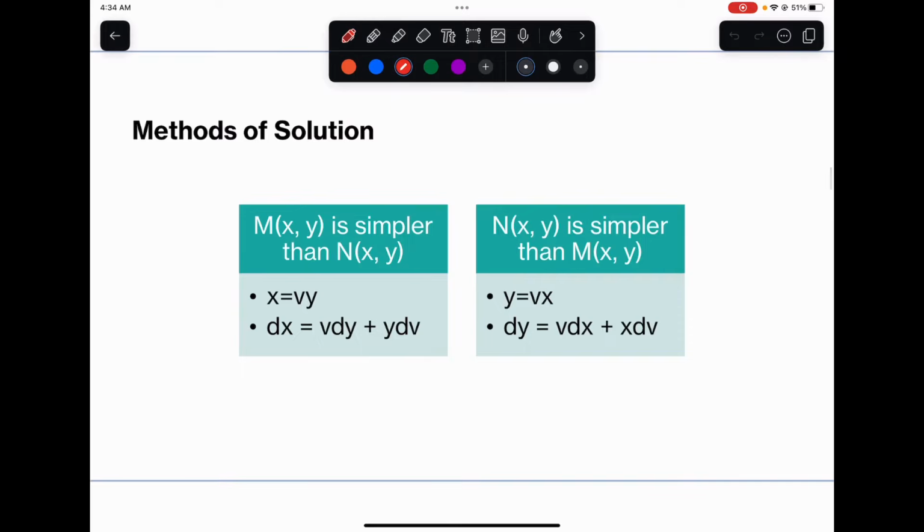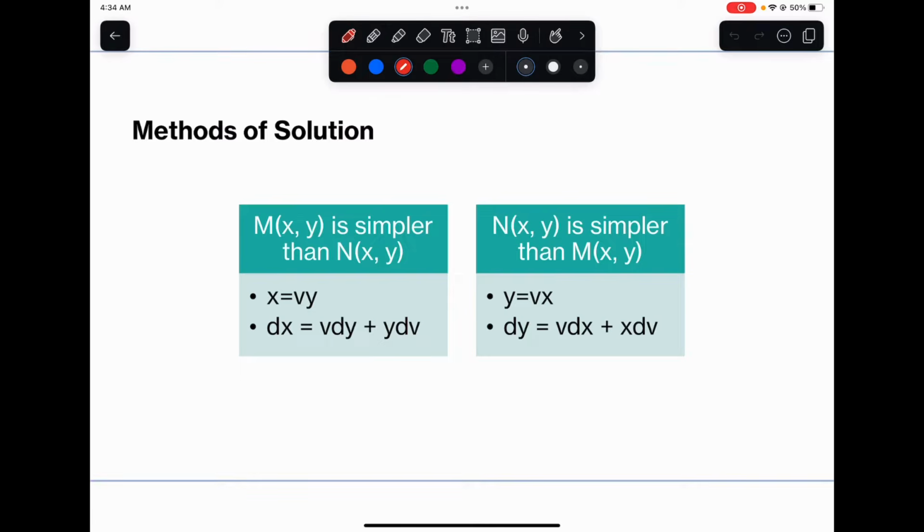Once we are able to identify that the given equation is homogeneous, there are two methods of substitution that we can follow by merely looking at the M function or the N function.